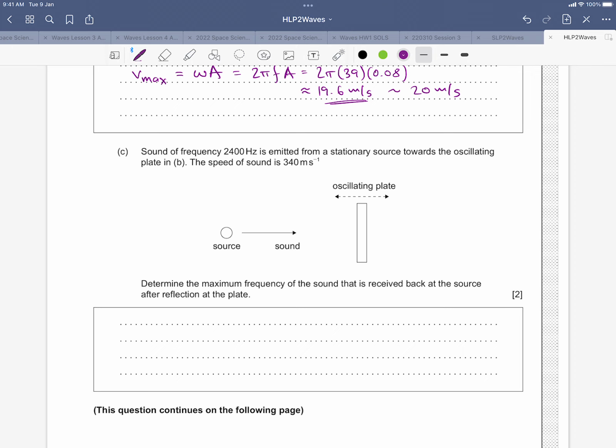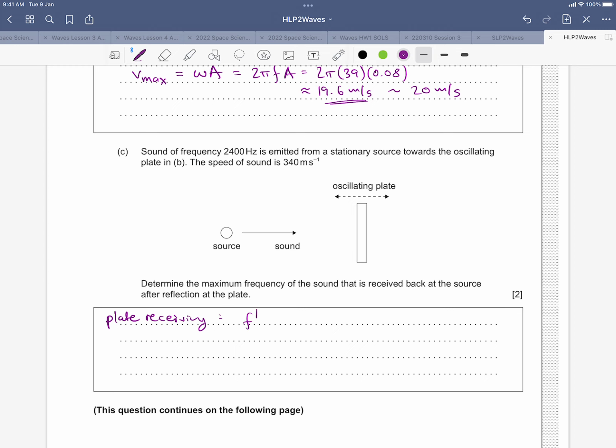Well, first of all, we want the plate to be moving towards the sound with its largest velocity, because then the plate is going to be receiving the highest possible frequency. So let's first write that down. So plate receiving a highest possible frequency.